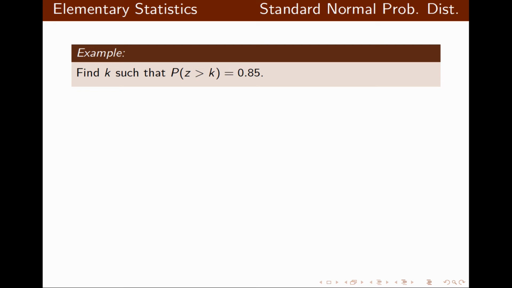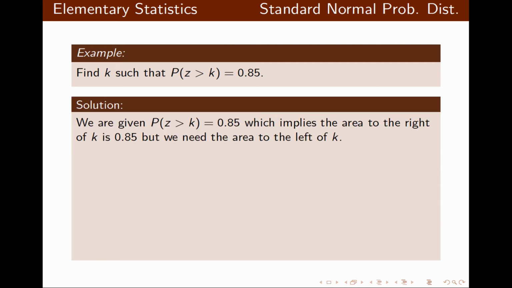In this example, we want to find k such that probability that z is greater than k is equal to 0.85. Now, probability that z is greater than k equal to 0.85 simply implies that the area to the right of k is 0.85, but we need the area to the left of k.